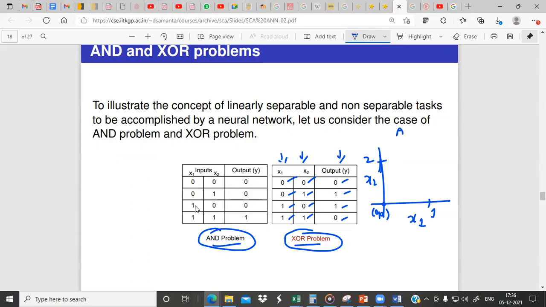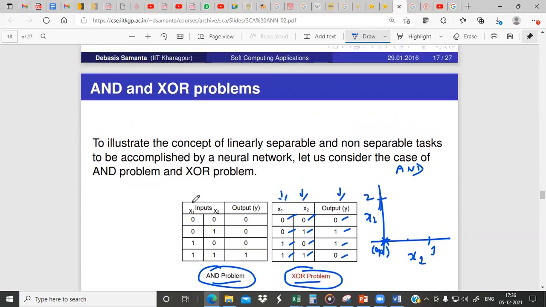So if you plot for AND, when x1 is 0 and x2 is 0, the output is 0. So you get a point here, okay? When x1 is 0 and x2 is 1, then also the output is 0 only, okay?